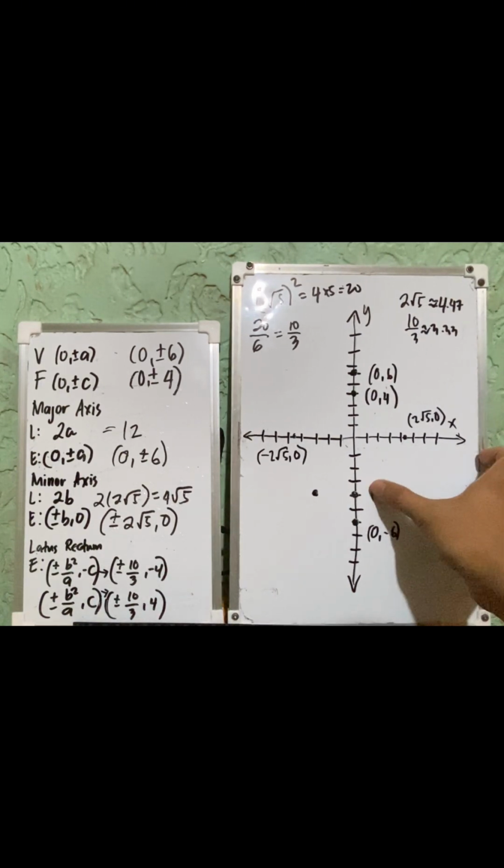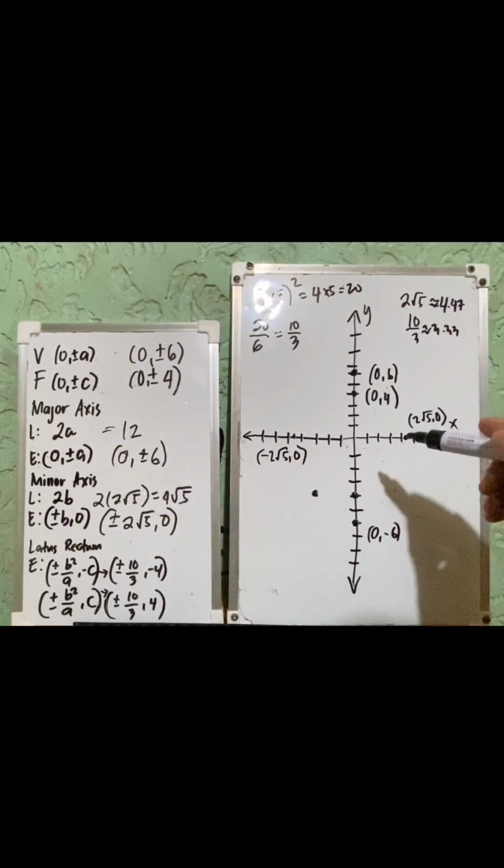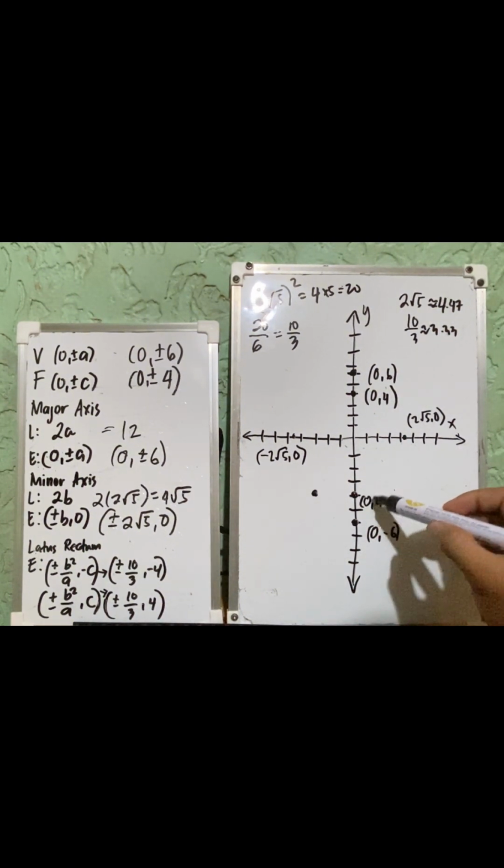Erase this. That is 0, negative 4. This is 0, negative 4.